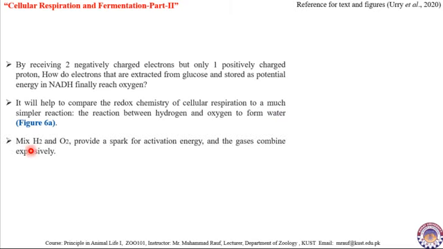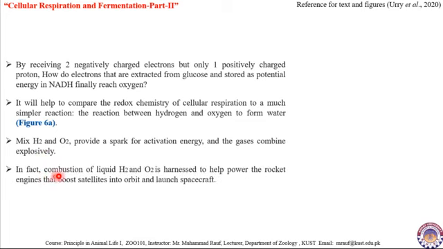Now mix hydrogen and oxygen in their molecular form and provide a spark of activation energy, and the gases combine explosively. In fact, combustion of liquid hydrogen and oxygen is harnessed to help power the rocket engines that boost satellites into orbit and launch spacecrafts.